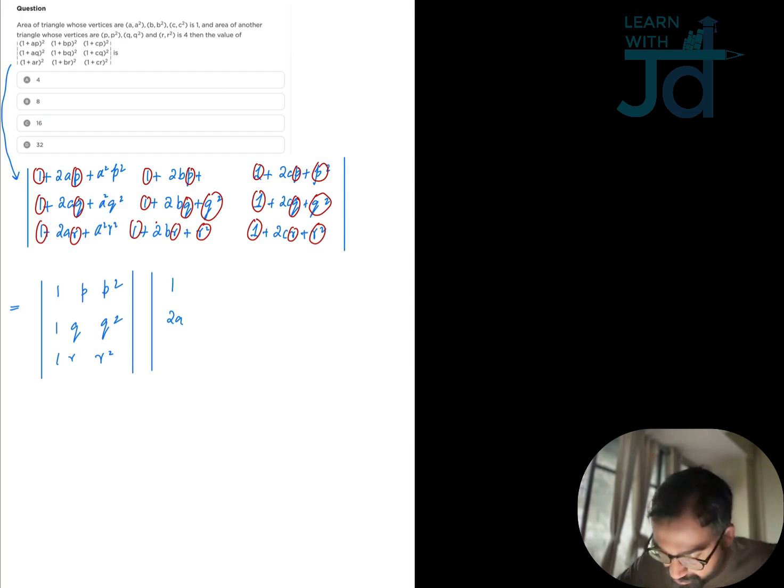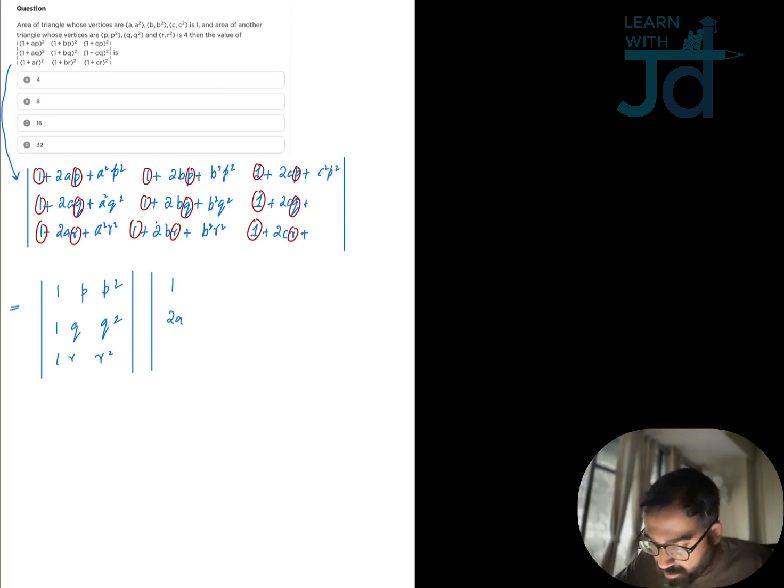That is some mistake from my part. p square, I rectified it. b square q square, p square r square, b square, sorry, c square p square, c square q square, c square r square. So these are the data that is going in one matrix.